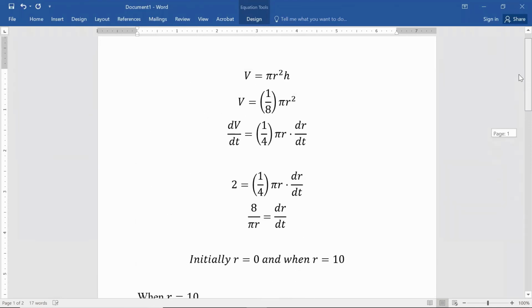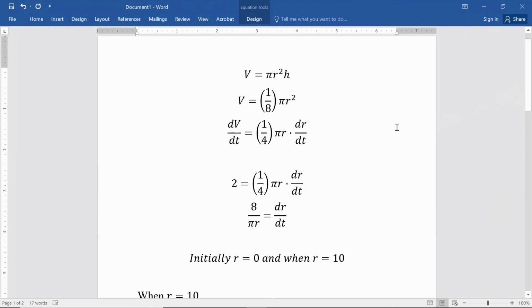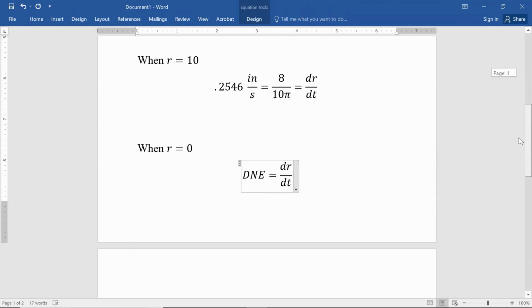But we were also tasked with finding what is the area? How is the area changing when we're putting in 2 cubic inches per second of water? You can do this one of two ways. The first way is to utilize the change in our radius to compute a change in the area.